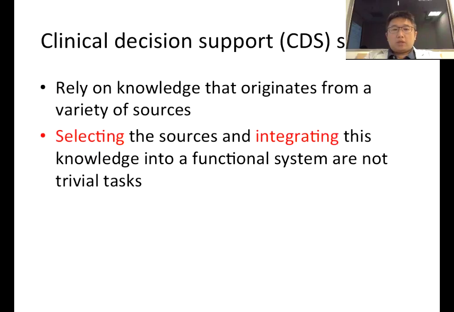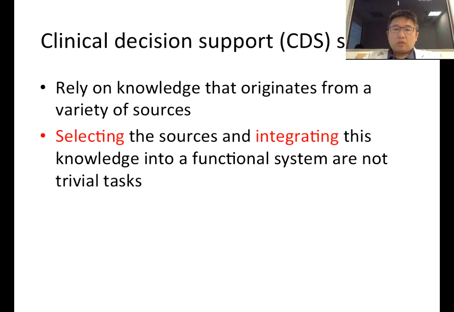Because think about clinical decision support: you need to educate the computer, then the computer can learn, then it can help you to make the decision. So the most difficult thing for clinical decision support is how you select the source and how to integrate this knowledge.